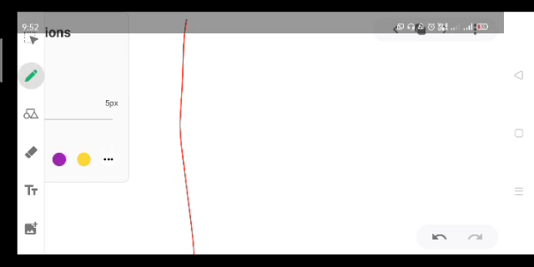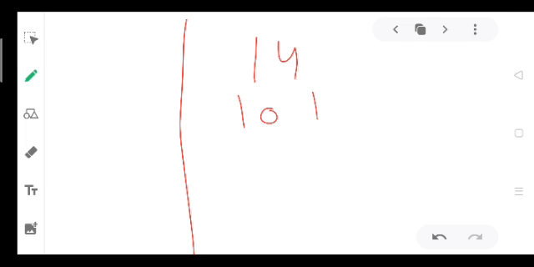Next, 14. How can we write 14? 10 plus 4. For 10 we have used the Roman symbol X, but for 4 we do not have any Roman numeral.